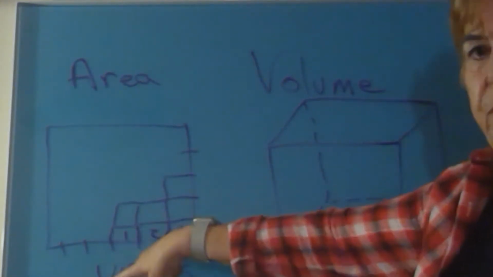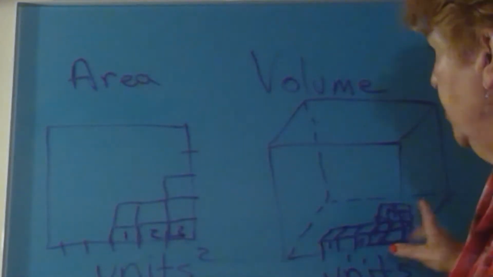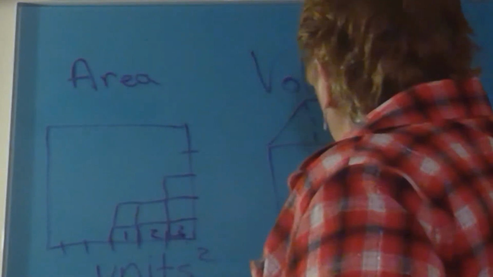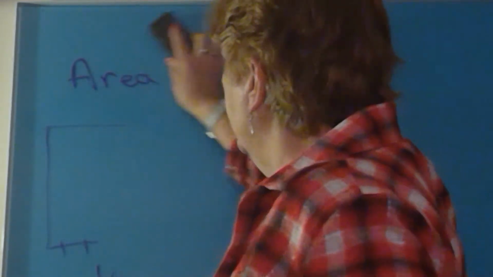Each square's got 2 dimensions. And with a volume, each cube has 3 dimensions. So when you're working with problems, you have to realize that you cannot cancel out square feet or cubic feet the same way that we canceled out regular feet.